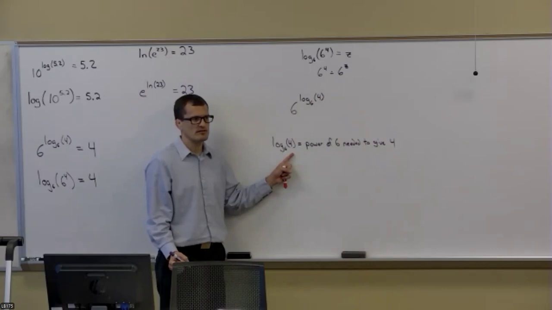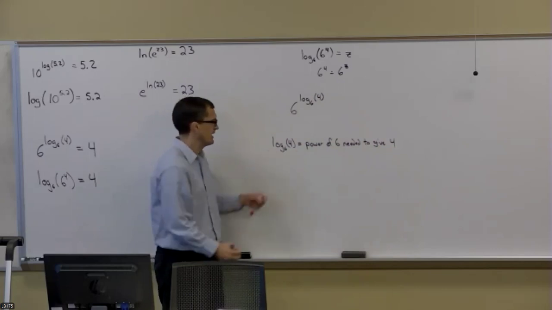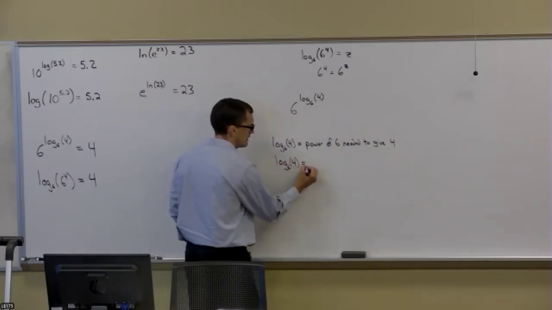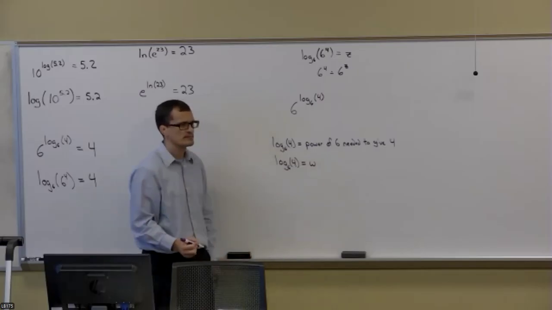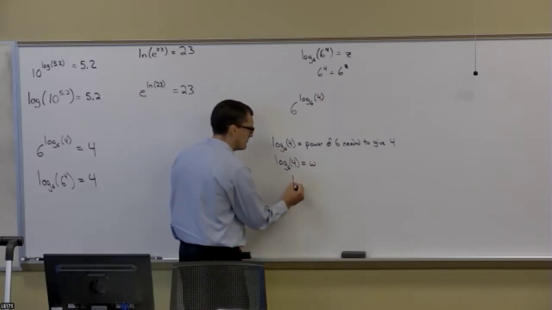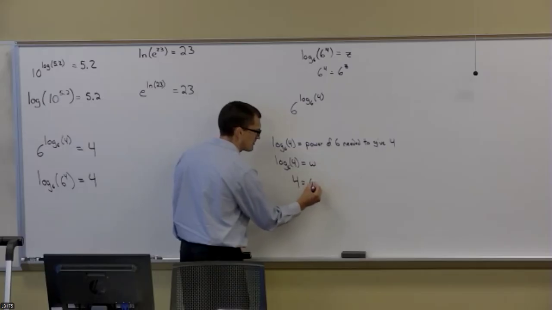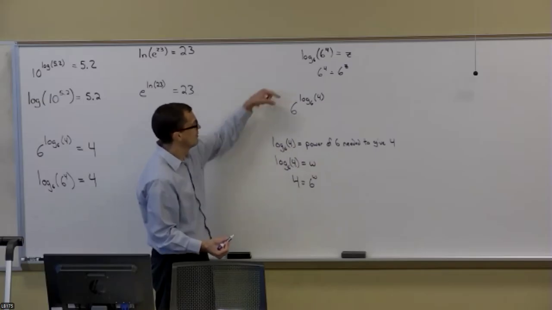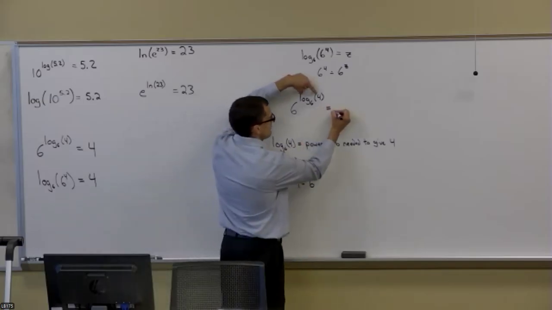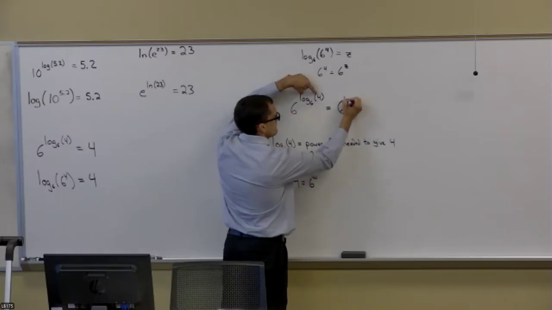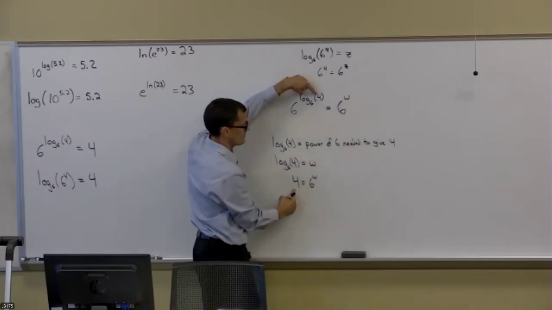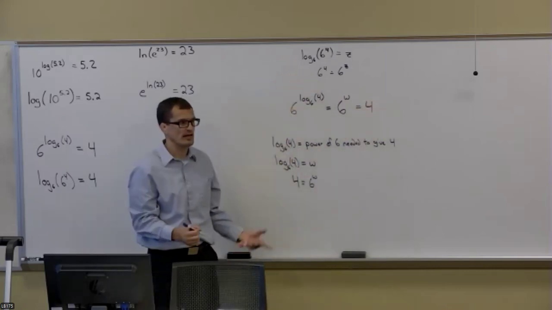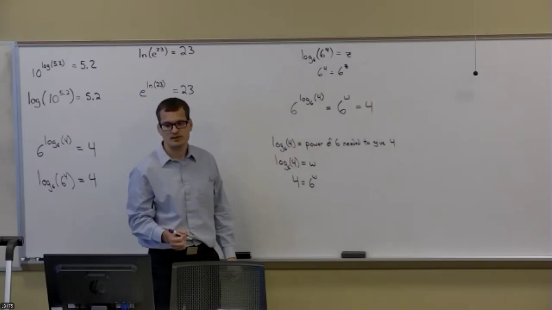Does that make sense? So if I call this whole thing, log base 6 of 4, a letter, I'll call it W. This means that 4 is equal to 6 to the W power. Well, again, this thing's just the W. And I know 6 to the W is 4, so that's 4. It's the power you need to get out a 4, so it has to be that one. Okay, follow?